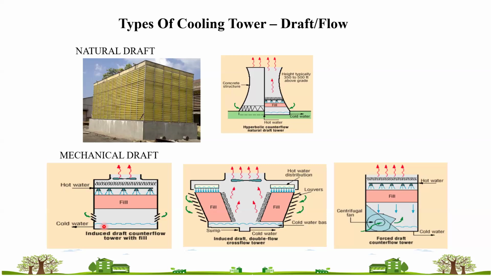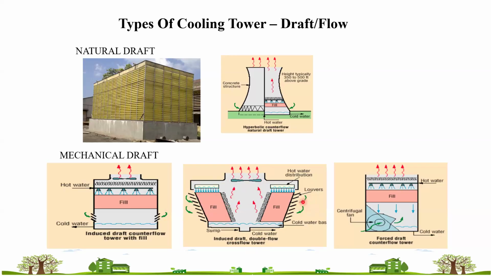Then the next type is the induced draft double flow cross flow tower. Induced draft is there, then double fills are provided on the sides of the cooling tower, water is spread above the fills, and the airflow is from beside the fill section.